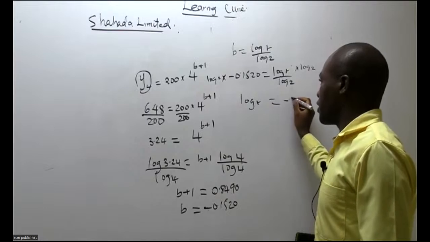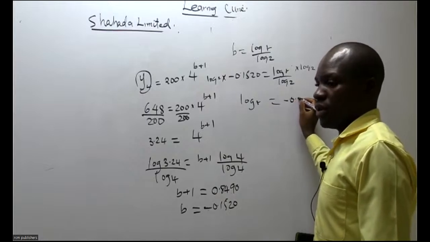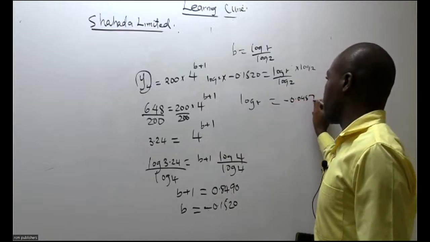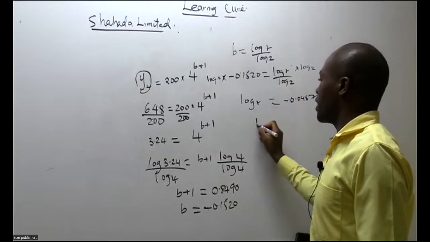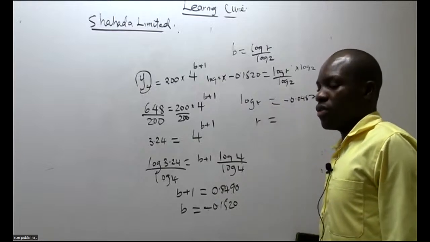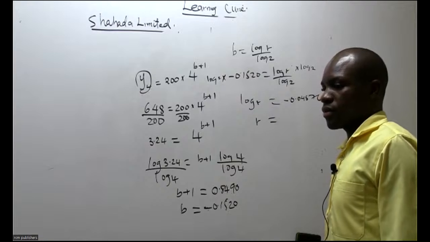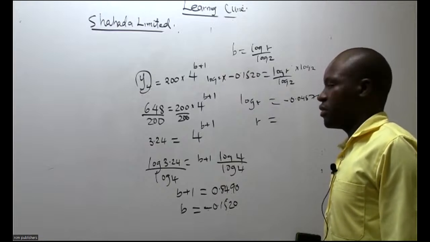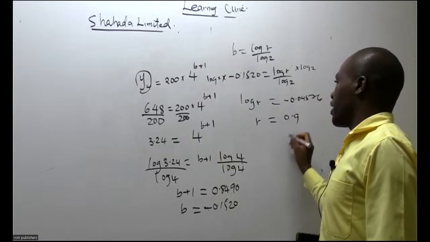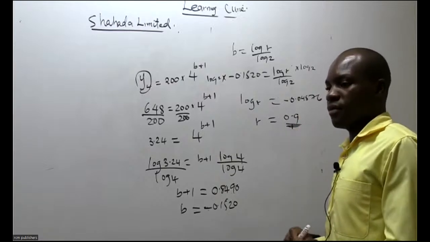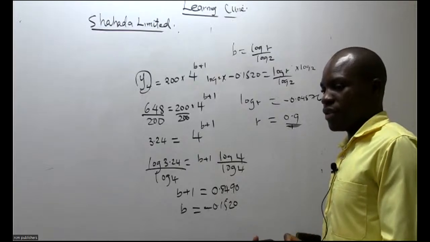Negative 0.04576. So give me the antilog of that. The antilog of that will take you to 0.9. Are they not the same?